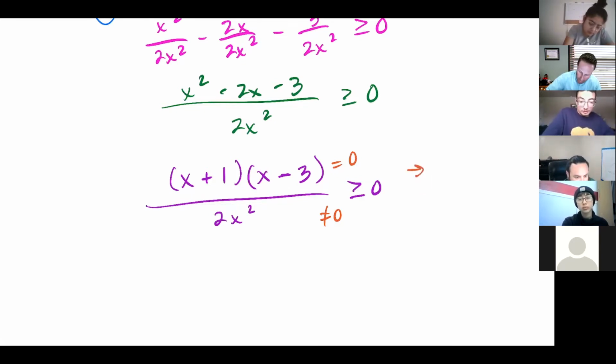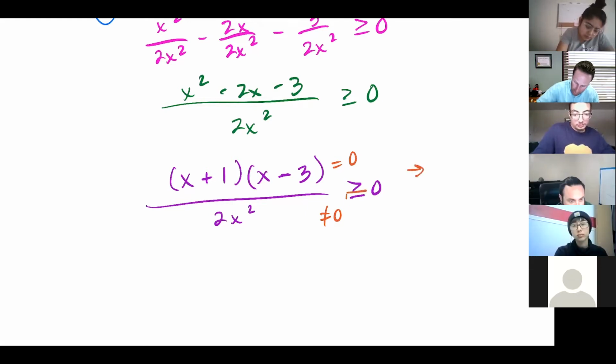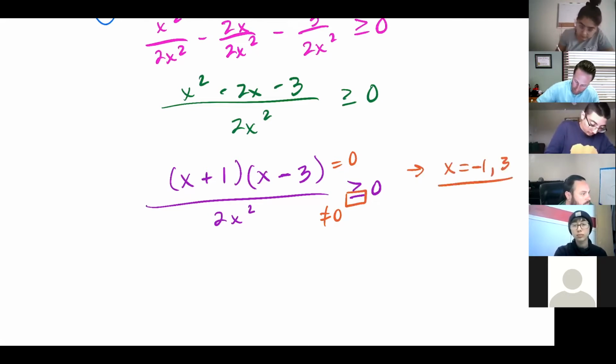We have the top, and do they want to know where it's equal to 0? So we're going to say at -1 and 3, and where can x not be 0? What if we set this whole thing equal to 0?